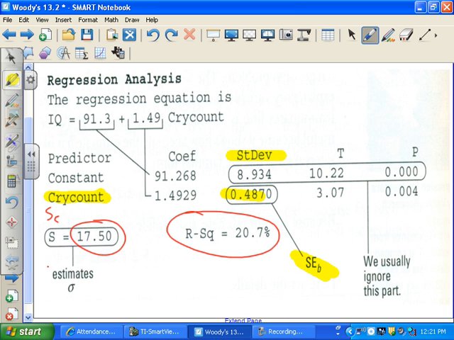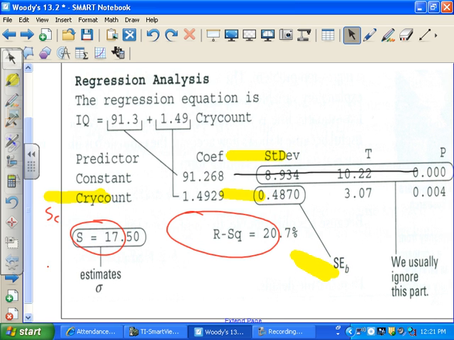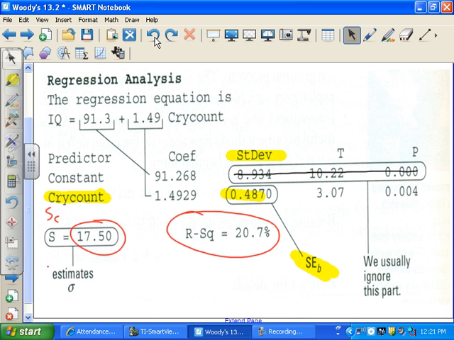Standard deviation, all this stuff for the y-intercept we don't use. I've never seen them asked about it. We don't use it. And, whoa, that's kind of cool. Today we'll talk about that and that.